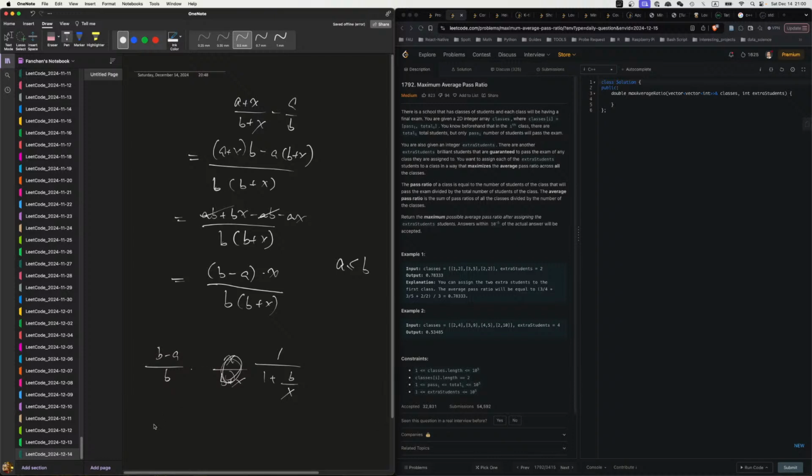So we want to maximize b minus a and then minimize b. That's what we want. The smallest b that can give you the biggest b minus a will produce the largest of this.